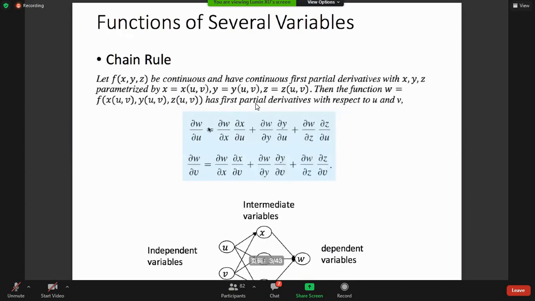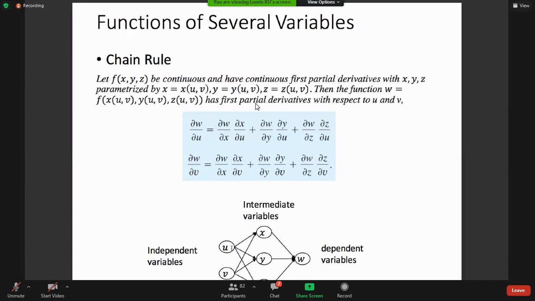Because when there are more than one independent variables, in this example we have two independent variables, u and v, and no matter how many intermediate variables, we only care about independent variables, because finally we only care about the relationship between dependent variables and independent variables, right?